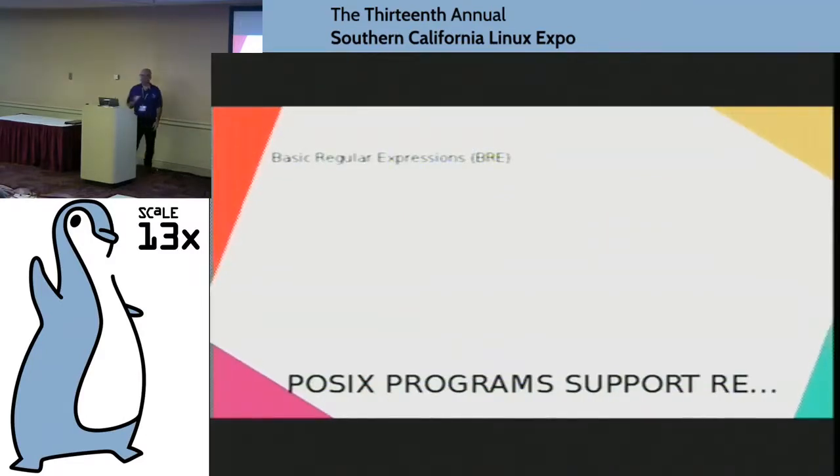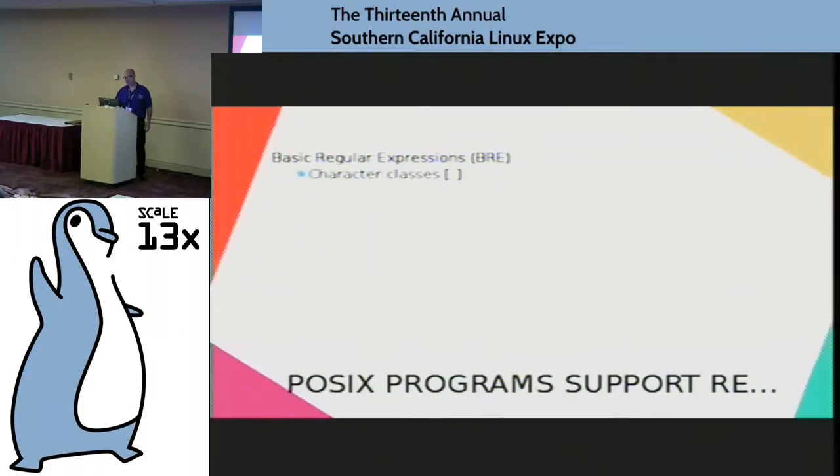Now, when we look at these POSIX programs that support regular expressions, it's really important to understand there's two different types. The basic type, which was kind of the original set, and then later on they expanded with what they call the extended regular expressions. So we're going to be seeing all these characters on slides coming up today.